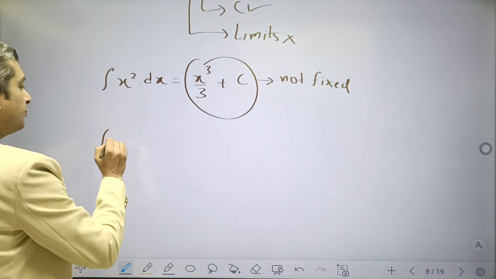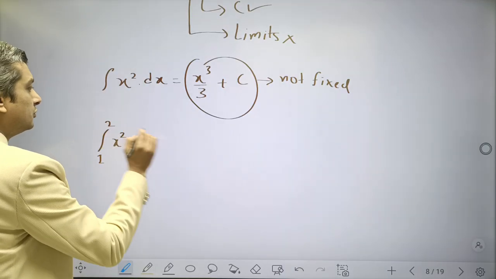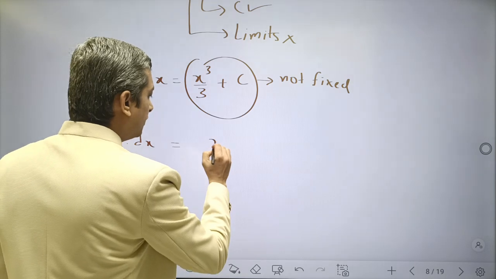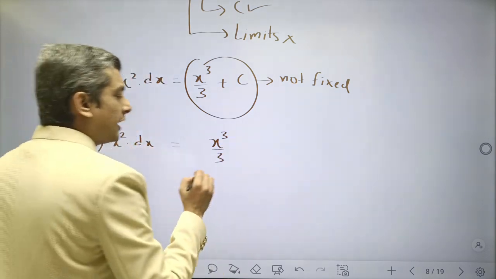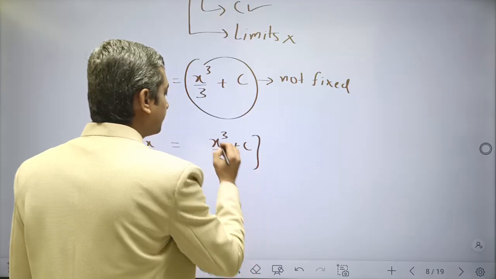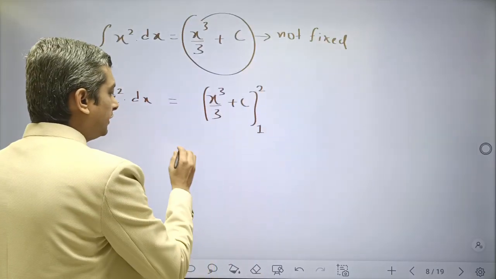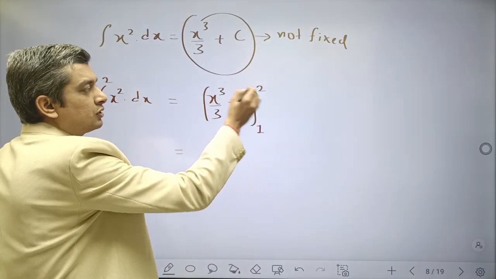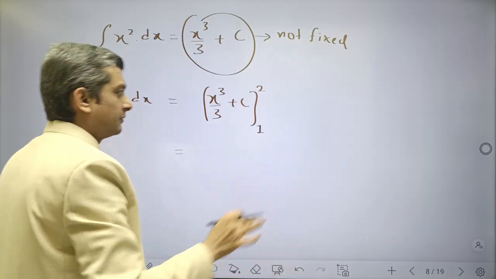Now suppose I put limits here, suppose from 1 to 2, then what happens? The steps to solve this: we integrate it, x cube by 3, and as we know here c comes, so we put the lower limit and upper limit. Now the next step is, in the place of x we put the upper limit and write the expression as it is.